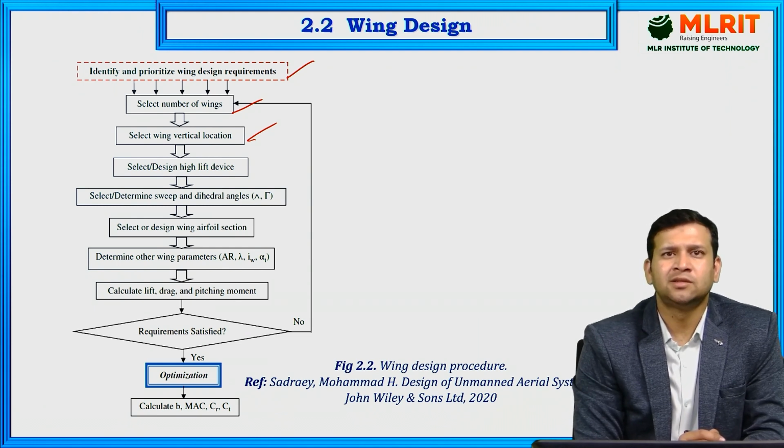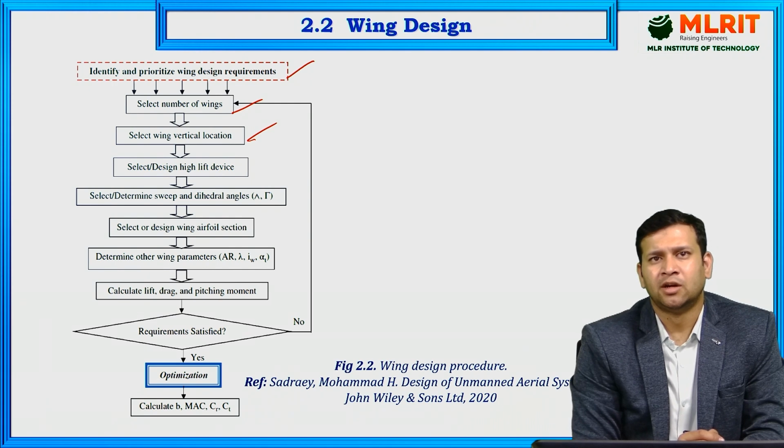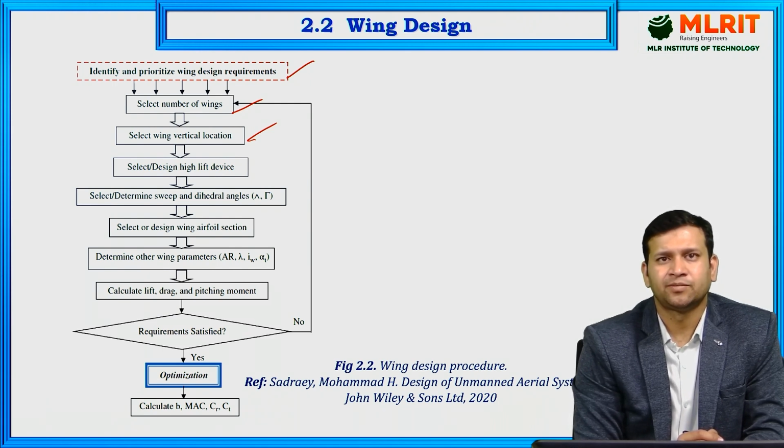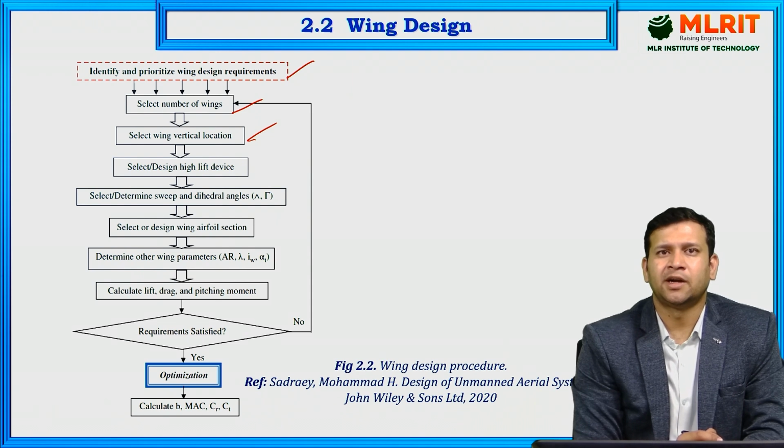And if it is a fighter aircraft which is capable of doing multi-role missions, then it will have mid-wing configuration. And if it is an unmanned air vehicle or an aircraft carrying logistics or cargo, then it will have high wing configuration with anhedral configuration.